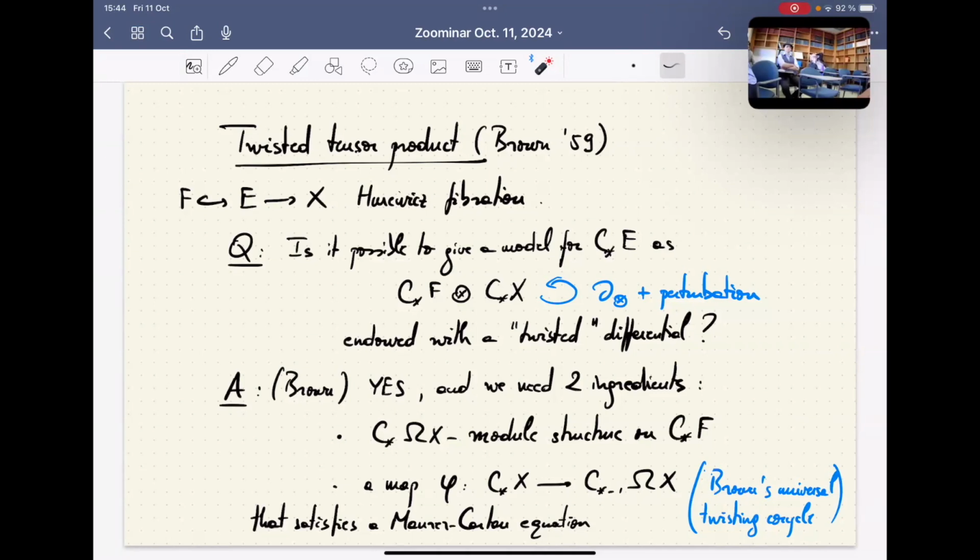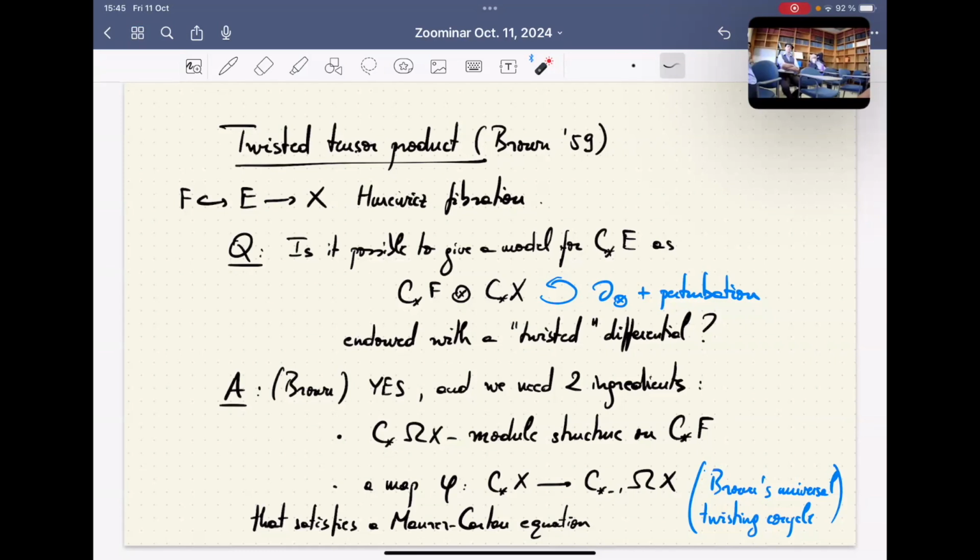It's a universal map, which has degree -1 and goes from the chains on the space to the chains on the base loop space. Morally, if I have a dimension k family of points, or a simplex of dimension k, it's possible to turn that into a k-1 family of paths.